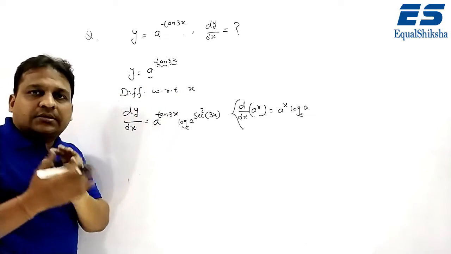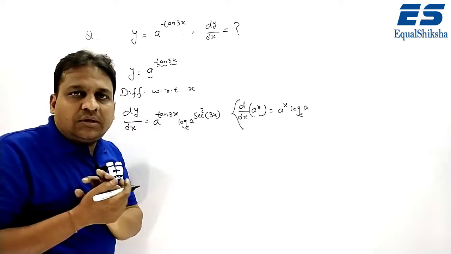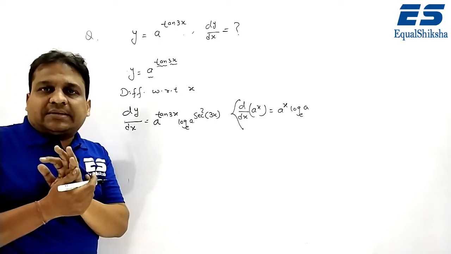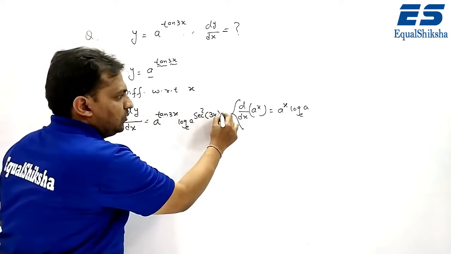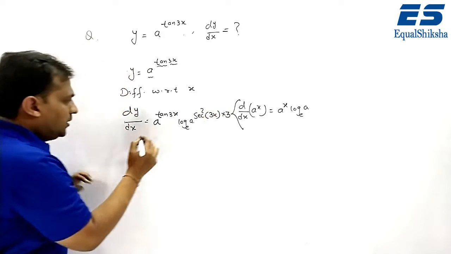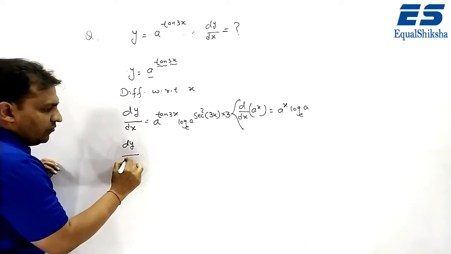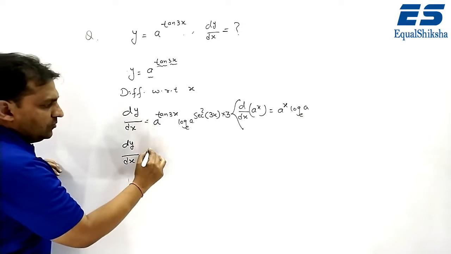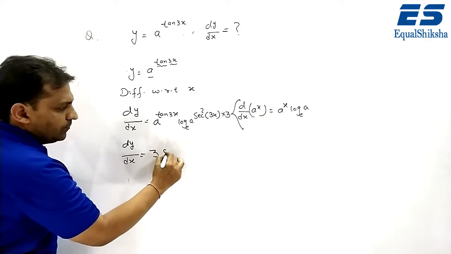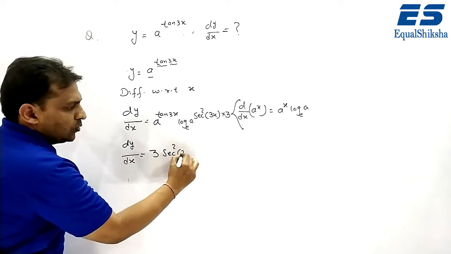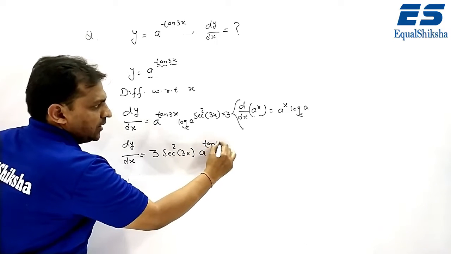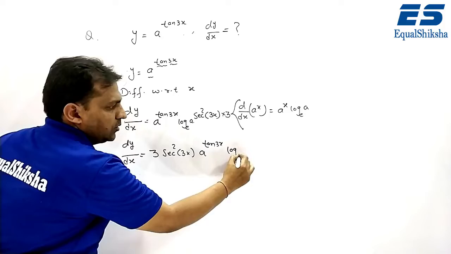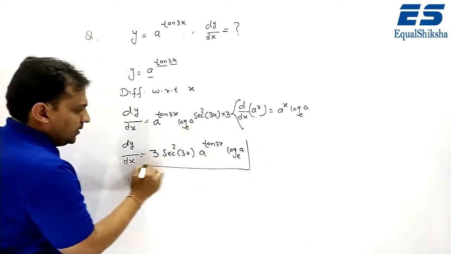So for 3x there is no differentiation of 3, only differentiation of x, and the differentiation of x with respect to x will be 1, so there will be only 3. It means the final value of differentiation of this function will be 3 sec square 3x a to the power tan 3x into log a base e.